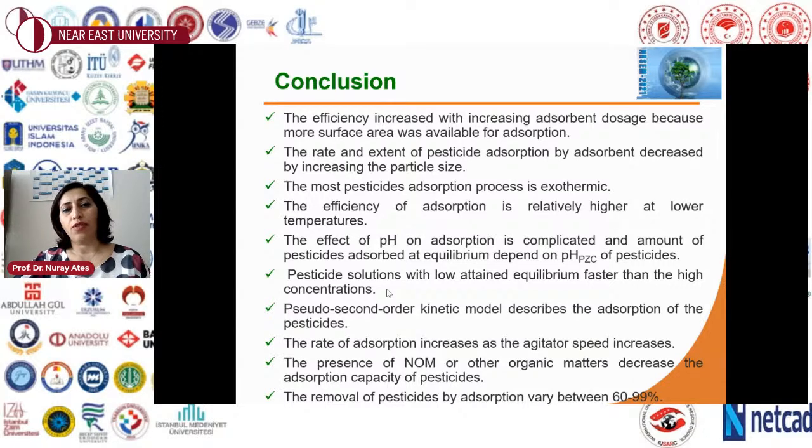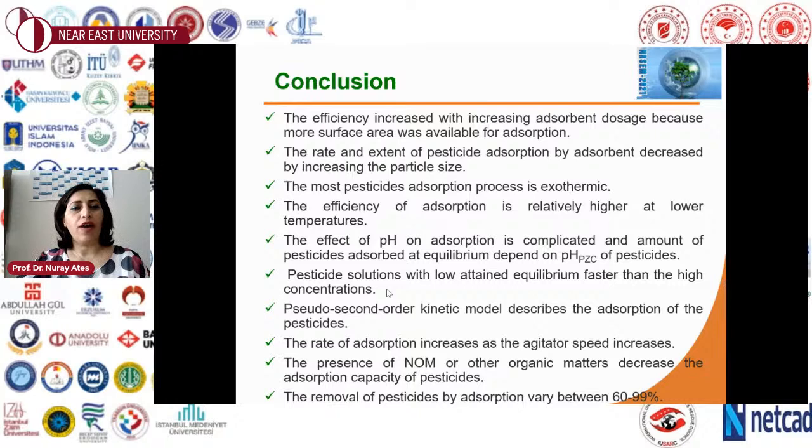So the adsorption efficiency is much higher at lower temperature. However, at high temperatures, because the viscosity of the solution decreases, the rate of diffusion of adsorbate molecules across the external boundary layer into the internal pores of the adsorbent particle is increased.